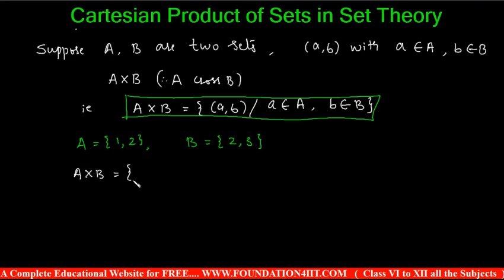Within this, take the first element 1 and write it with both: (1, 2) and (1, 3). Next, with the second element, again both: (2, 2) and (2, 3). Just making the combinations of ordered pairs, right? Let us see the problems later.